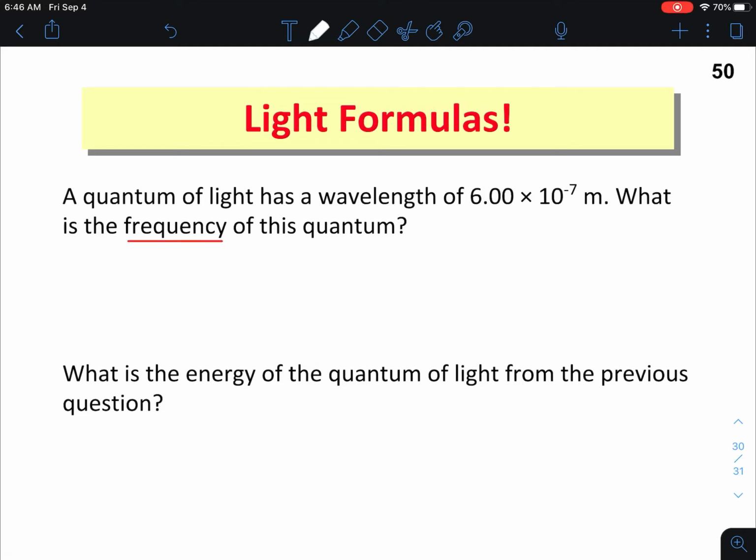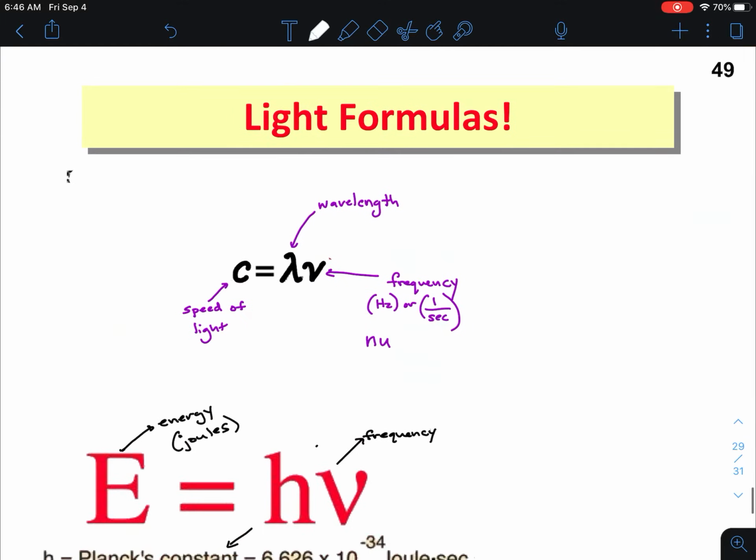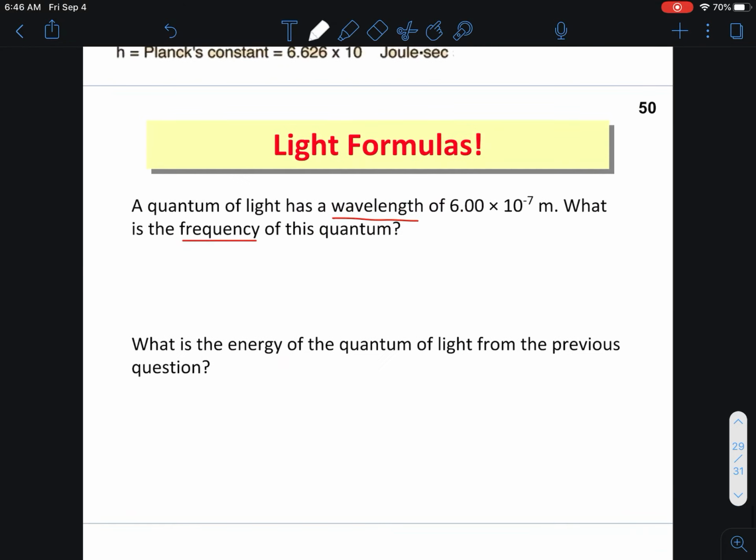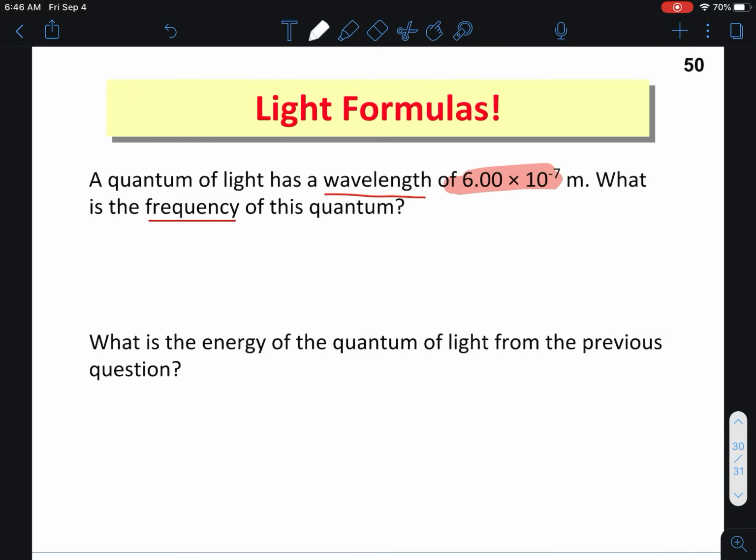Some things to be aware of: I have frequency and I have wavelength. Which equation has frequency and wavelength? That's it: c equals wavelength times frequency. I have my wavelength, so I'm going to plug it in. C, the speed of light, equals lambda times nu: 3.00 times 10 to the 8th meters per second equals 6.00 times 10 to the negative 7th meters times nu, the frequency.